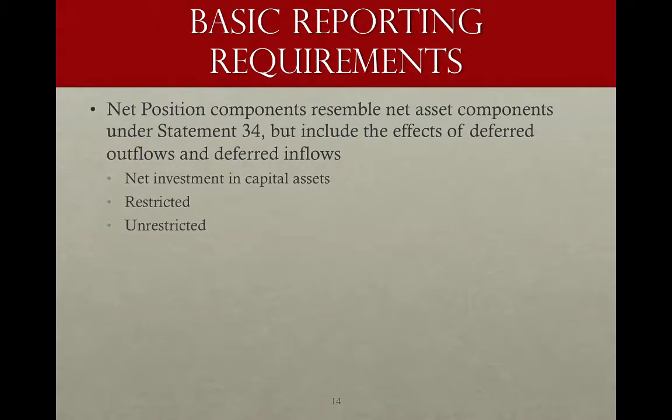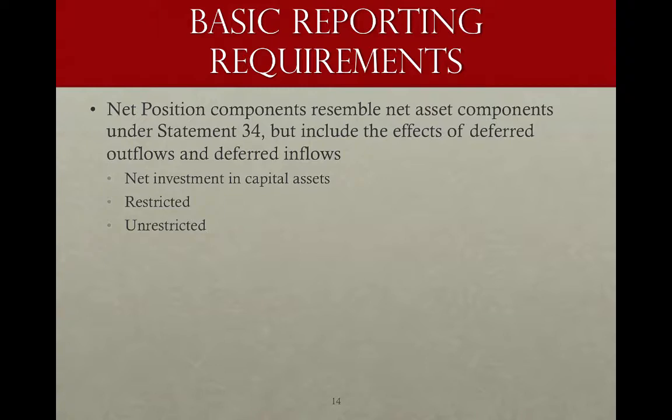Net position then is essentially reported exactly the way that net assets is reported, in 3 components, with a slight change in the name of the first component. Rather than being invested in capital assets net of related debt, that first category of net position will now be called net investment in capital assets. But the definition is exactly the same.